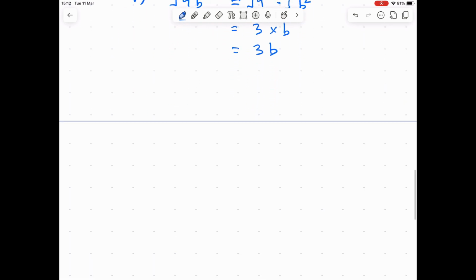And the next one in the algebra manipulation is removing the brackets.